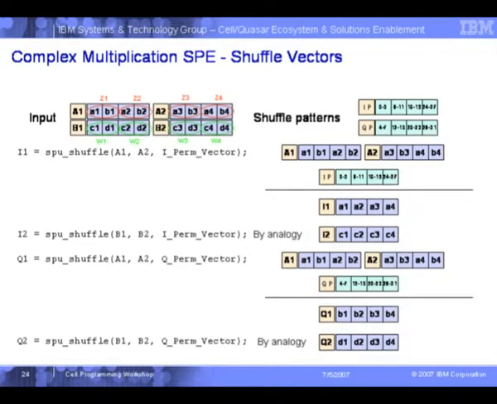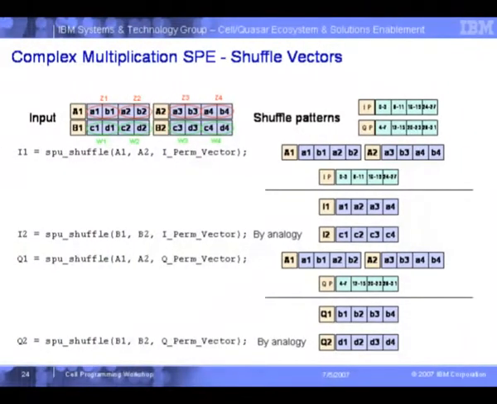A1 C1 and then B1 D1. Instead, what we want to do is store all the A values together, and in one clock cycle we want to do 4 multiplications, right? We want to multiply all the A1, A2, A3, A4 values with all the C1, C2, C3, C4 values. So now we have to create a shuffle mask.